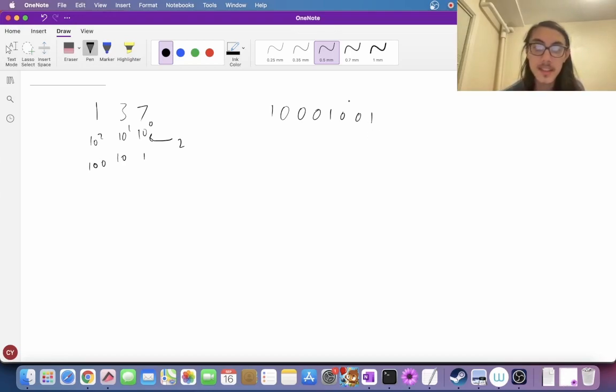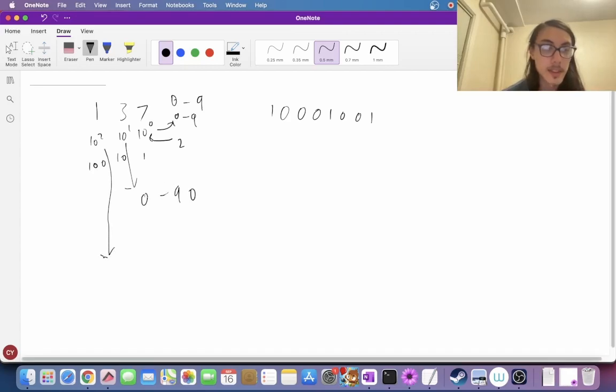Essentially it's the same thing, except we only have ones and zeros, because here we have tens, but each digit can go from 0 to 9. So this can represent the values from 0 times 10 to the 0 to 9 times 10 to the 0, which is 0 to 9. This represents 0 to 90, counting up by 10. This represents 0 to 900, etc. But in binary, it's only ones and zeros.